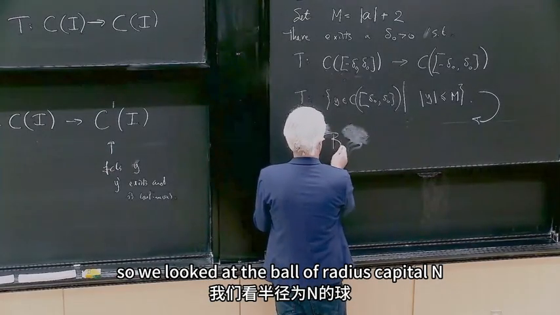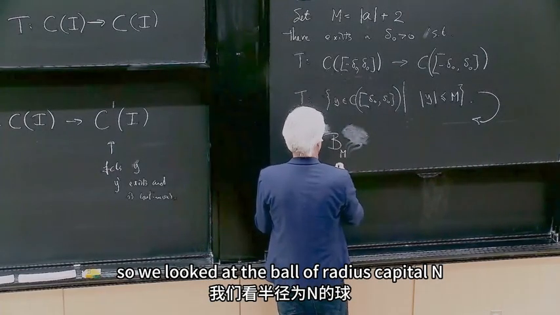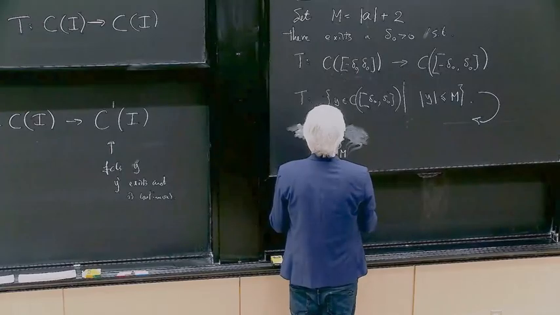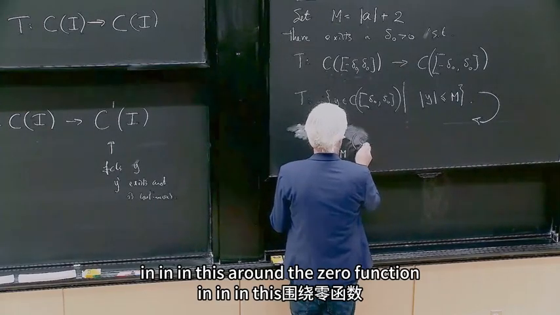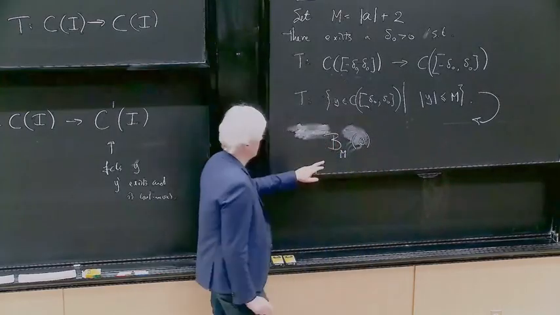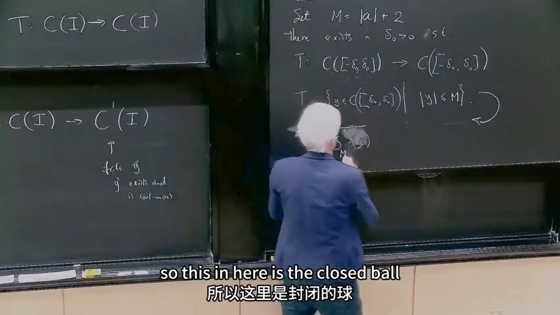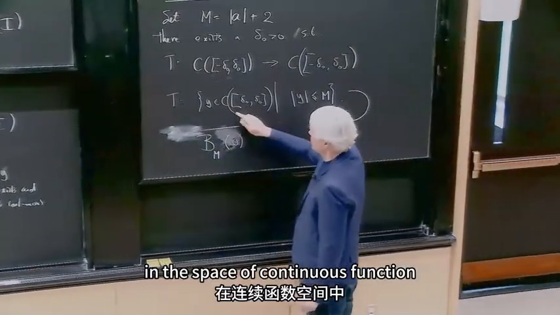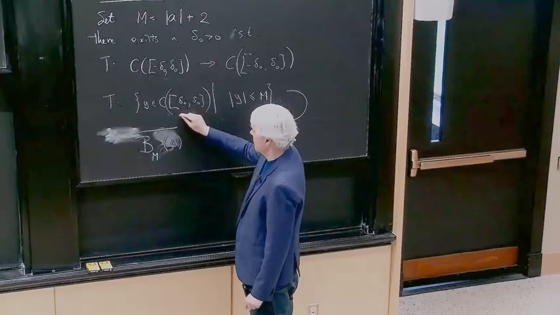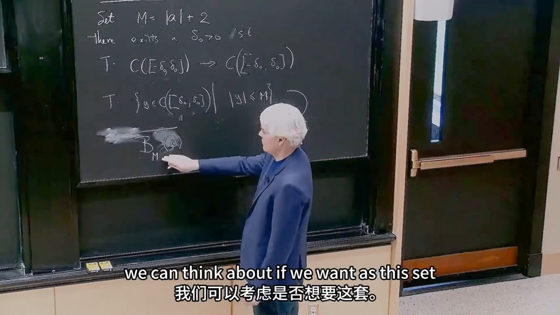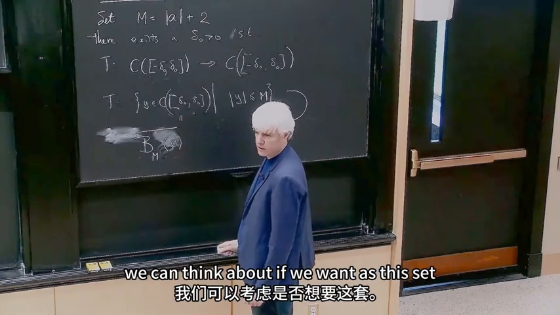So we looked at the ball of radius capital N in this, around the 0 function. So this thing here is the closed ball in the space of continuous function with the metric that we've been using. And this set here, we can think about if we want as this set, okay?